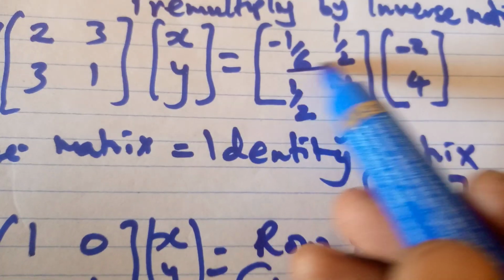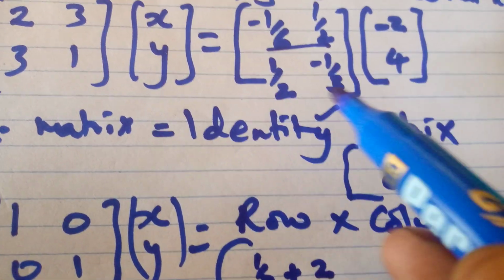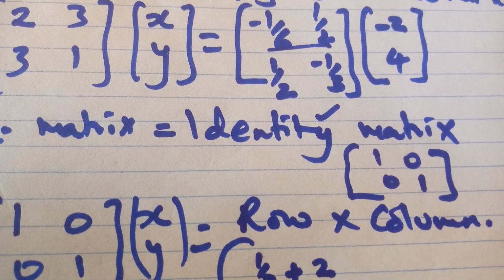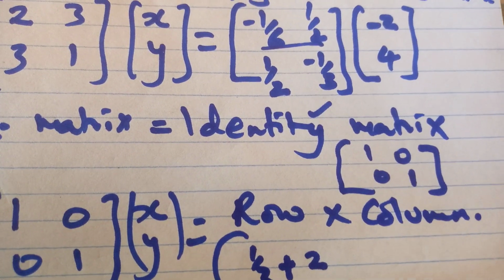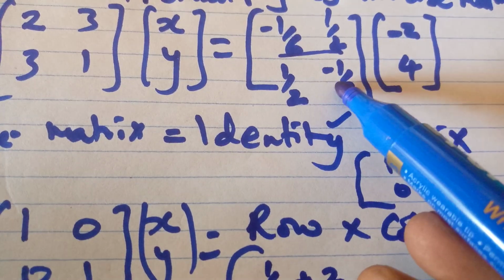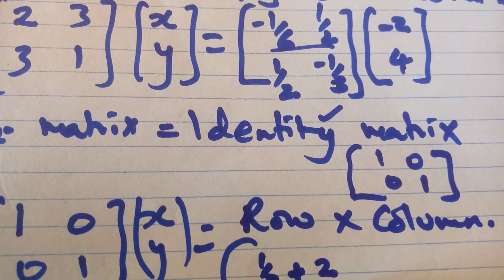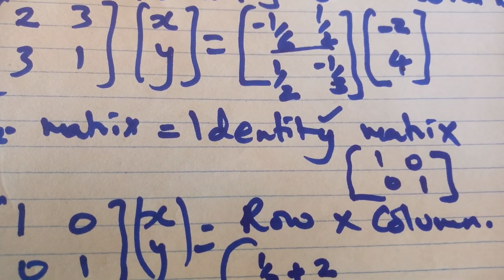Taking row times column, then down I have a half times negative 2, and I have negative 1, plus negative a third times 4, and I have negative 4 over 3.